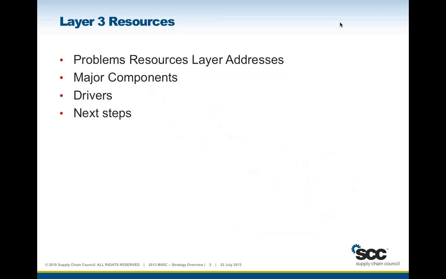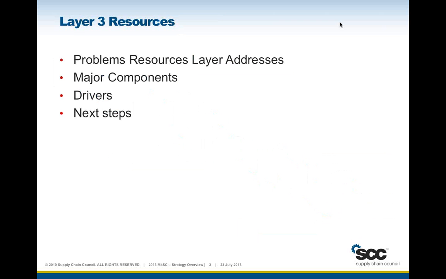So our fourth layer here, resources, we'll discuss basically four key areas today. First of all, what the type of problems it is that we're trying to address with the resources layer. What are some of the major components that fit within this?